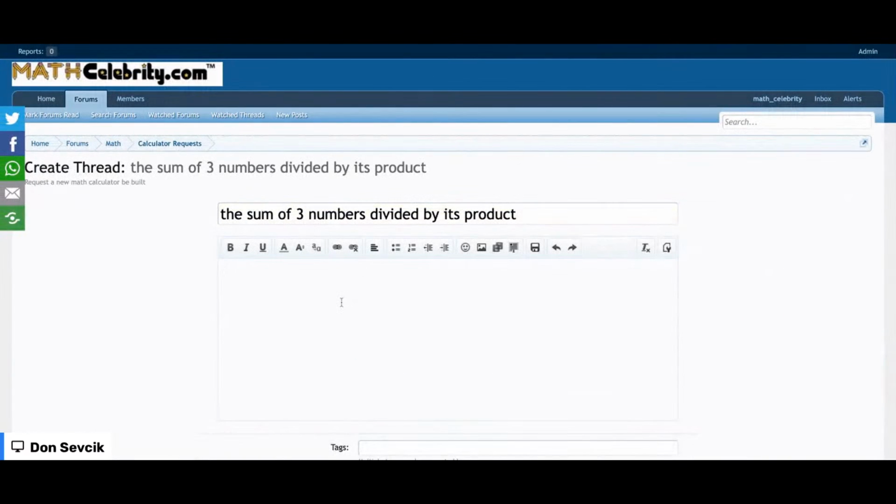Algebraic expression, but this comes with a little bit of a trick. So the sum of 3 numbers, the phrase numbers means we choose 3 arbitrary variables.